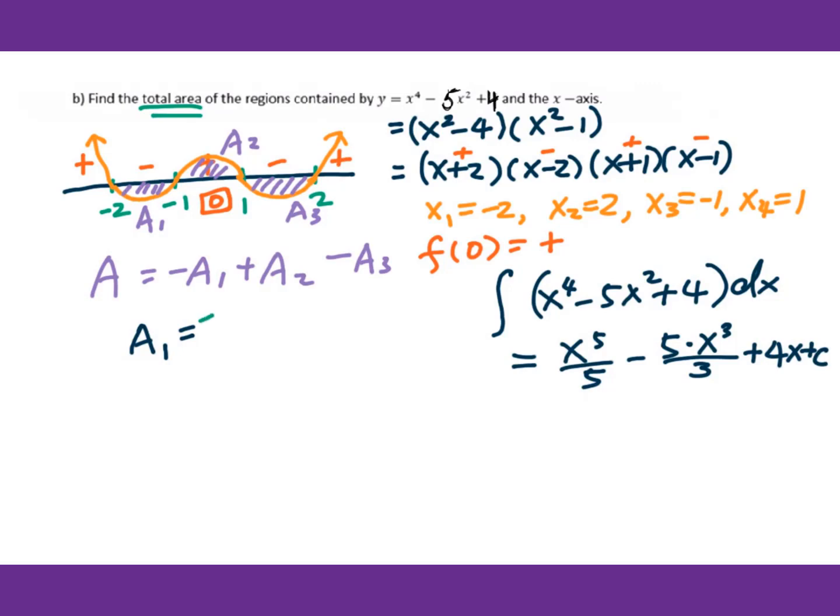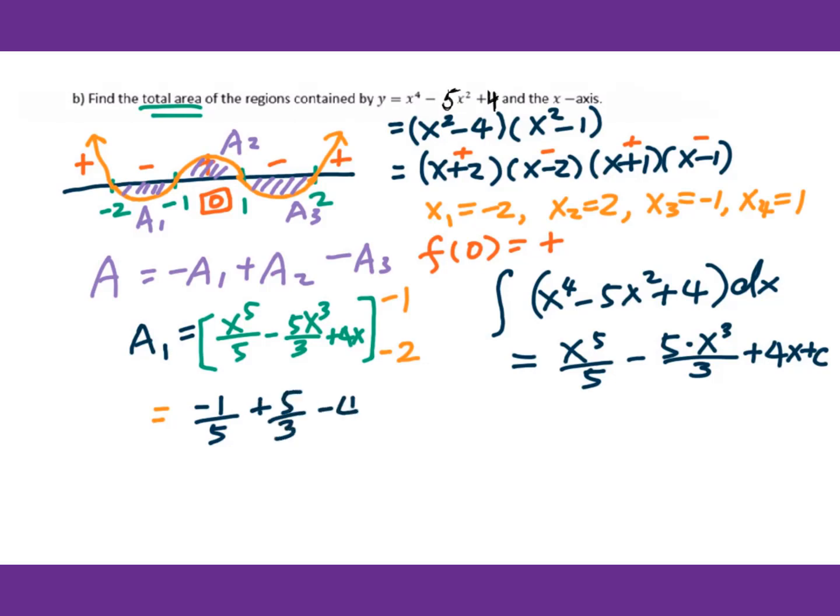So we have this: x fifth power over 5 minus 5 x third power over 3 plus 4x from negative 2 to negative 1. Then we plug in negative 1 first. You will get negative 1 over 5 plus 5 over 3 minus 4. Then minus parentheses, you plug in negative 2.